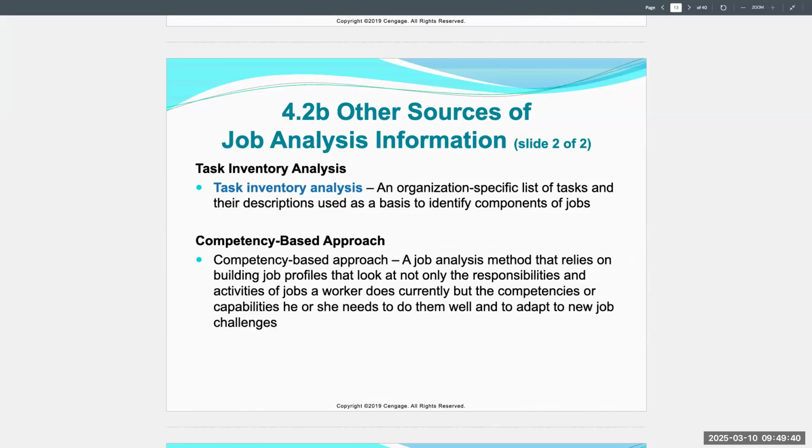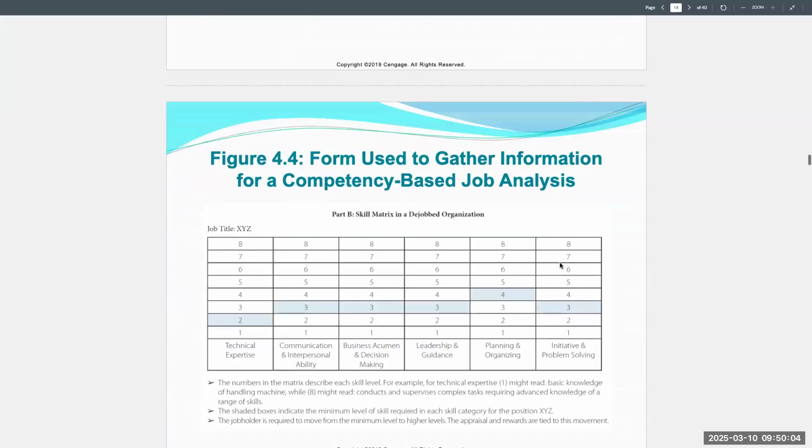For example, a competency-based job profile for a marketing manager would include not just their ability to create campaigns, but also their analytical skills, creativity, and potential leadership. Now, the main distinction between these two methods is that task inventory analysis is task-oriented, while the competency-based approach is performance-oriented.